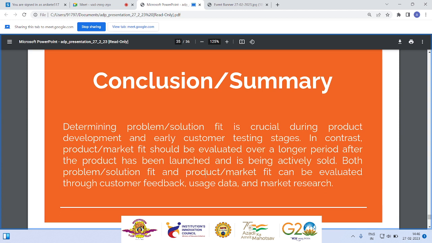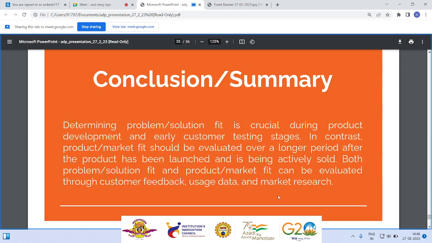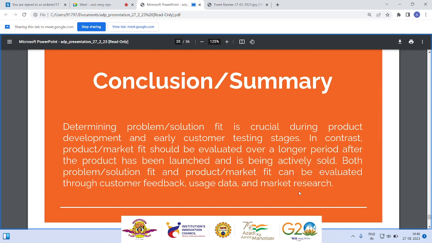But both the problem solution fit and product market fit can be evaluated through customer feedback, usage data, and market research. And for a startup company or a business to be successful, it is a must that both things for a product should be taken into consideration.